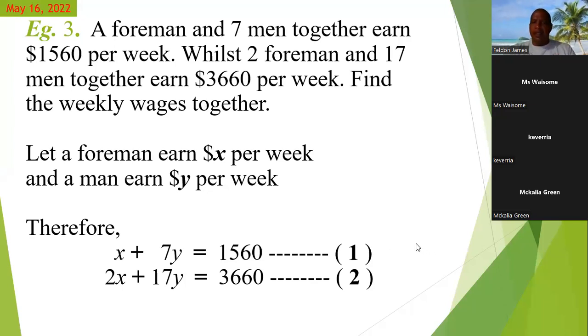Ms. Waysome was saying that in order to solve this, she would eliminate x, and multiply equation 1 by 2 and equation 2 by 1. And I was saying to her, it is not necessary to multiply equation 2 by 1, because once you multiply anything by 1, you get back the same thing.